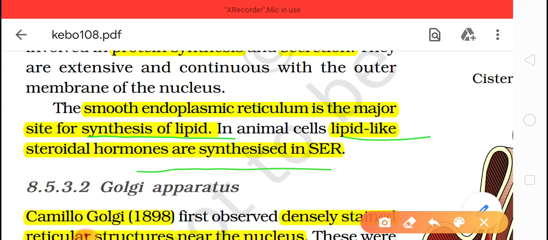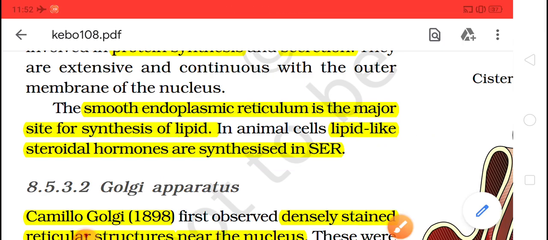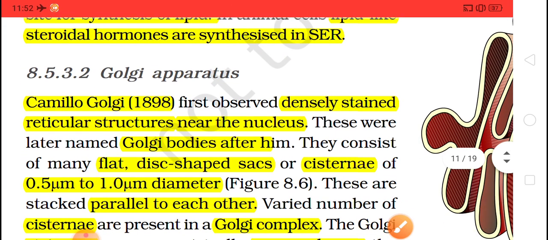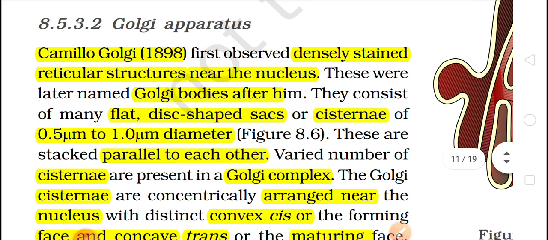Okay, next, that is Golgi apparatus or Golgi body. Golgi apparatus was discovered by Camillo Golgi in 1898. Okay, the scientist Camillo Golgi discovered the Golgi apparatus in 1898. That's why it has been given the name Golgi apparatus or Golgi bodies.